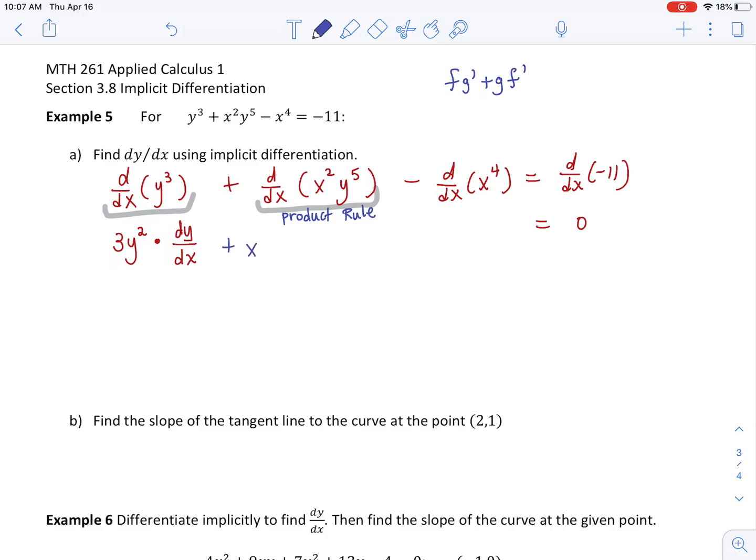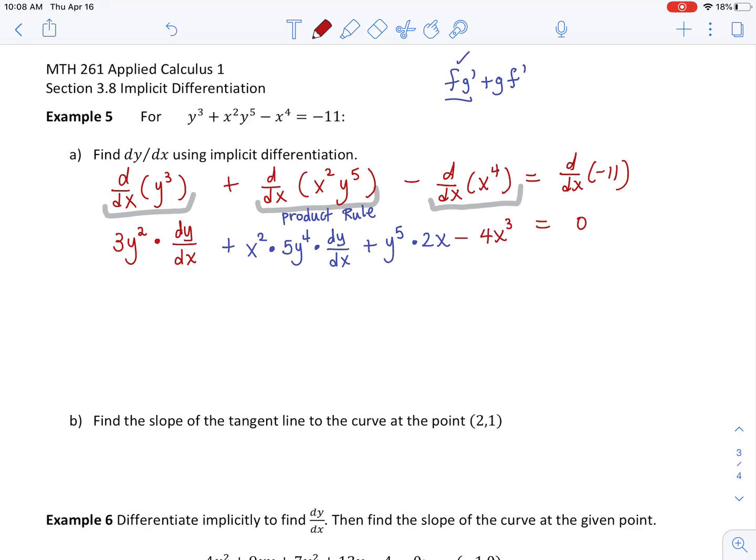The product rule is fg prime plus gf prime. f is x squared, and I'm multiplying this by the derivative of the second term, which is 5y to the 4th times dy dx. All right, that took care of this. Next one, plus g is y to the 5th, and I'm multiplying this by the derivative of x squared, which is just going to be 2x. Done. That was a quick product rule.